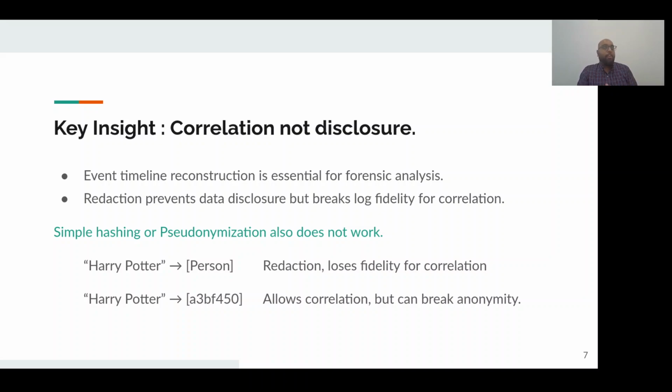And if the argument is that we can just simply hash the PII values so that you are still able to correlate, well, then the problem becomes how do we solve anonymity? Because depending on hash values, you can infer information about the user that is probably not intended to be disclosed.